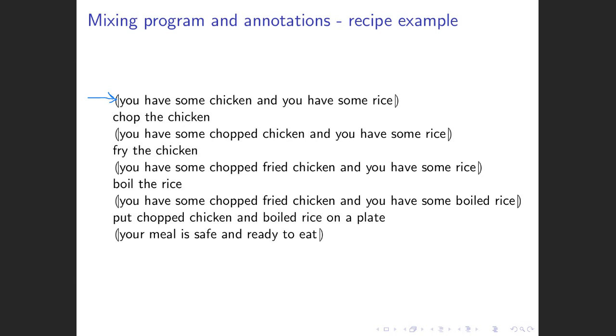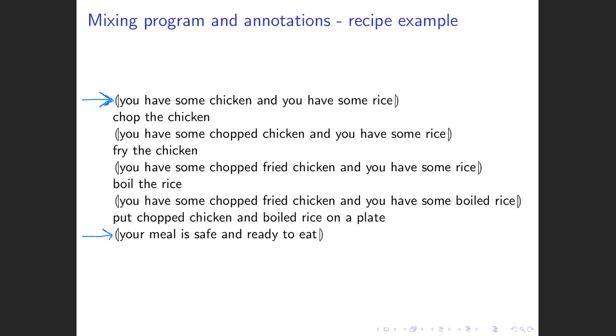So it's common at least to give you a list of ingredients as your preconditions. The postcondition in the contract is that you are going to get a meal which is safe and ready to eat at the end of it. So whoever wrote this recipe says, I'm going to promise to deliver you this as long as you satisfy this at the beginning. Follow the instructions, everything will be okay.